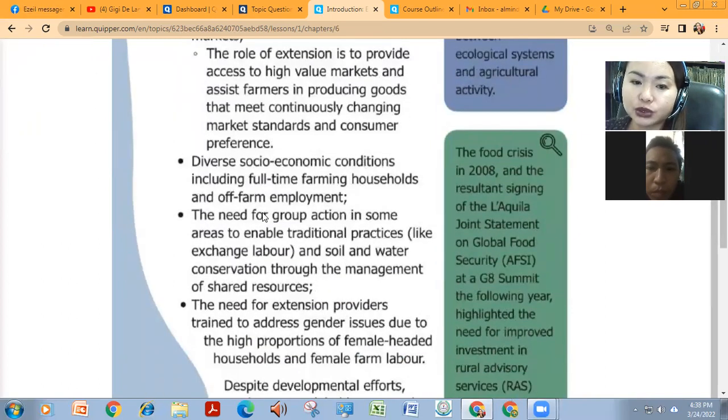And then diverse socioeconomic conditions like full-time farming households and off-farm employment, and the need for group action, labor, soil and water conservation, and other resources. And extension providers need to address not only these problems but also gender issues.